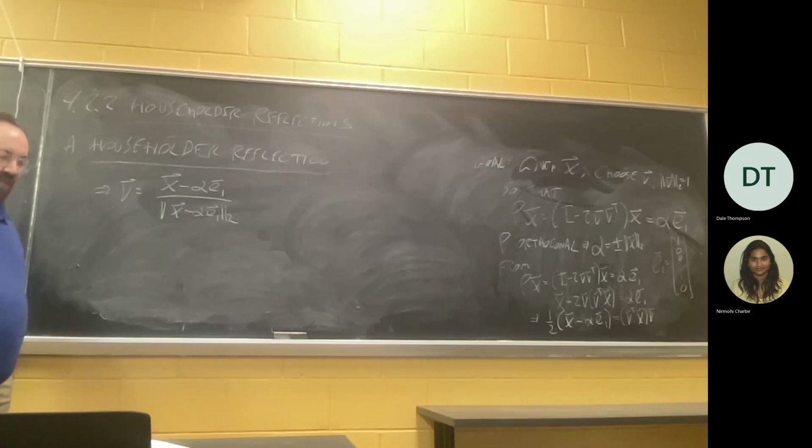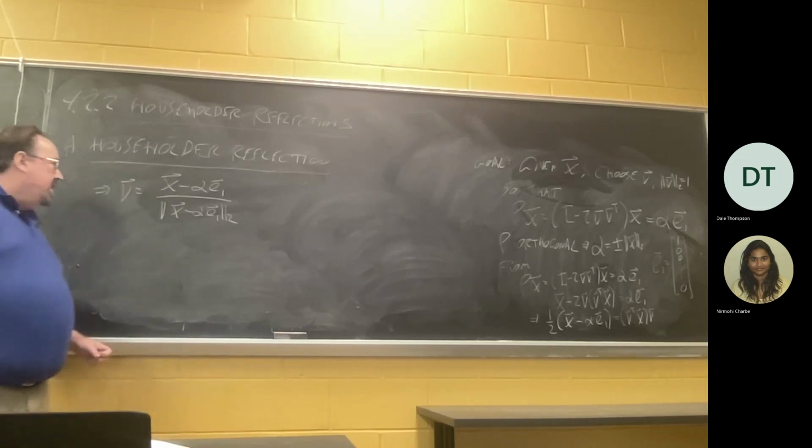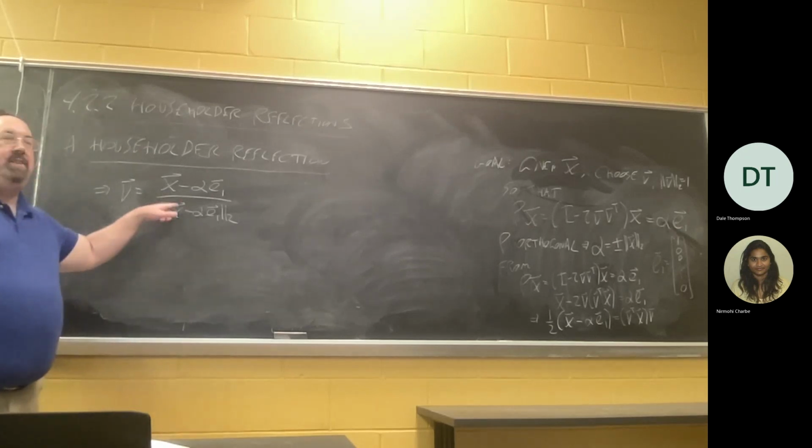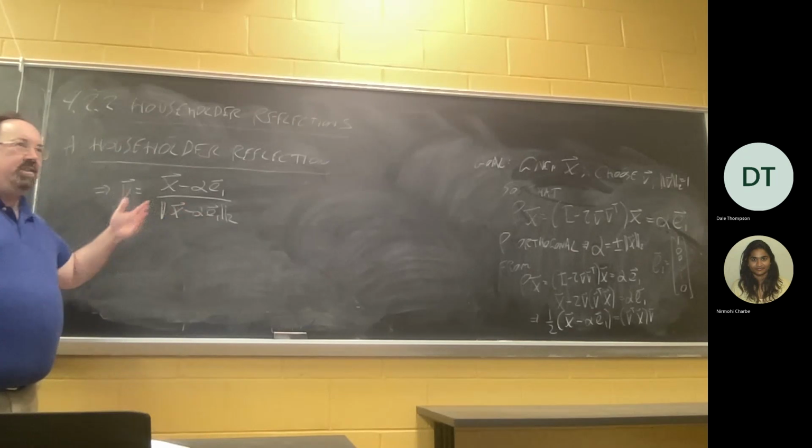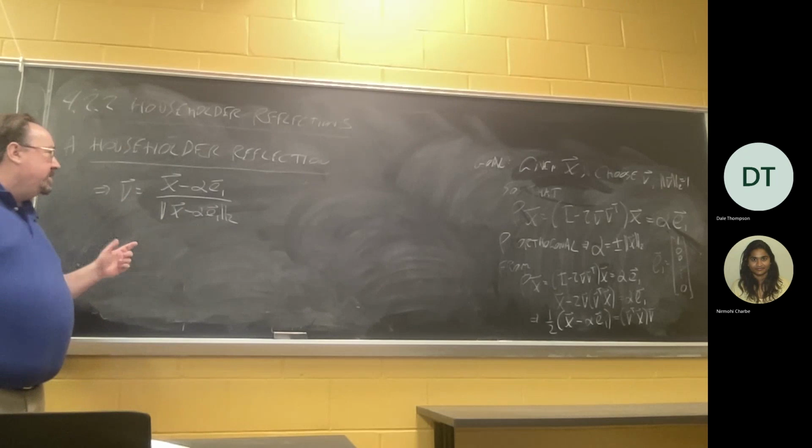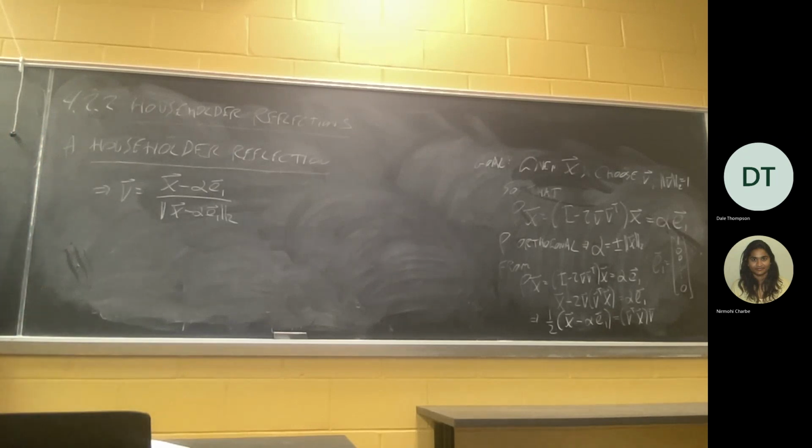The equations on about the second page of the notes all come from trying to simplify based on this, just because E1 is such a simple vector. The only thing that's missing is I have not told you which alpha we choose. We know alpha is plus or minus the 2 norm of X.